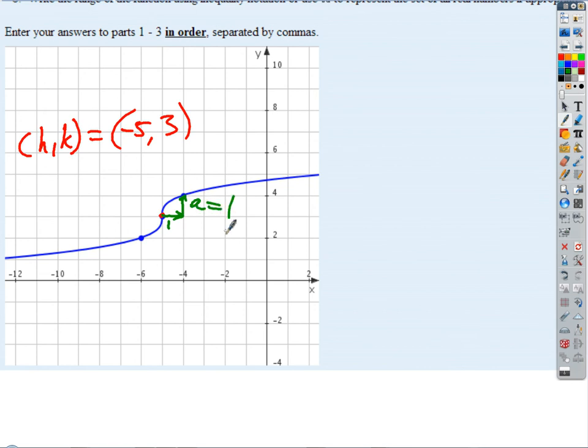So that tells us what a is. So then this function must be y equals 1, which I don't write, times what kind of radical? Cube root. Right? X minus -5, so +5, +3. Okay, that's it. No big deal.